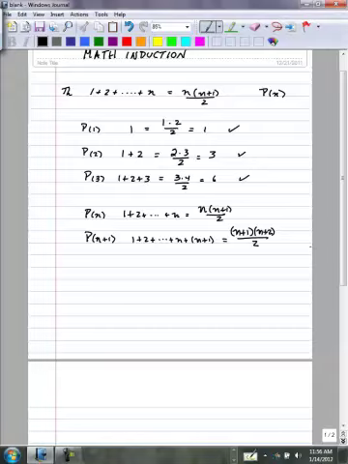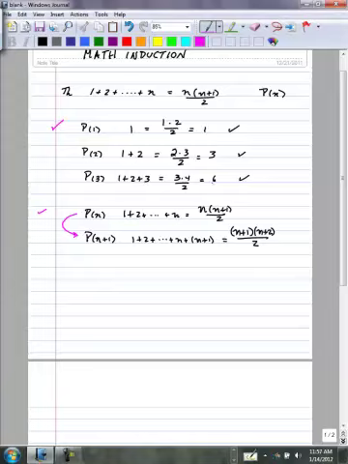Okay, now how is this helpful in proving the theorem for all values of n? Well, there are two things we have to do. The first thing is we have to prove the statement is true somewhere. That's easy. That's a verification. We did that already. But here's the interesting one. Suppose we can prove that whenever P of n is true, P of n plus 1 is true. That would mean whenever P of 1 is true, P of 2 is true. When P of 2 is true, P of 3 has to be true.